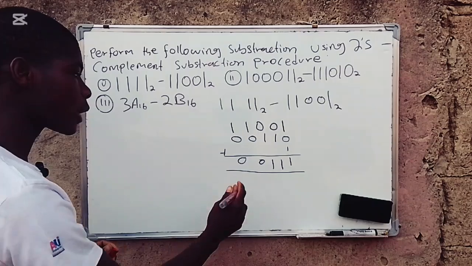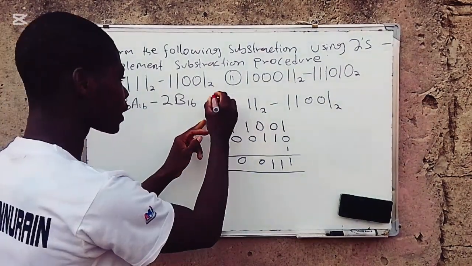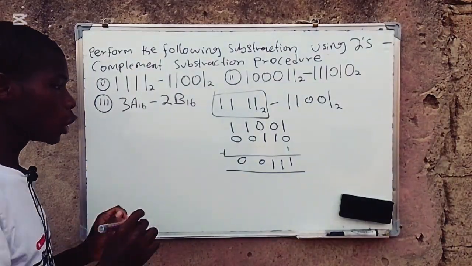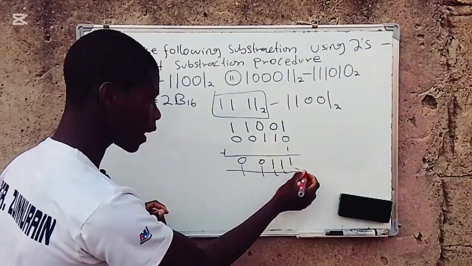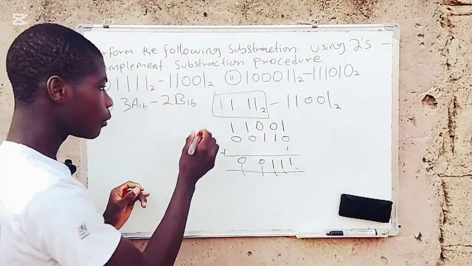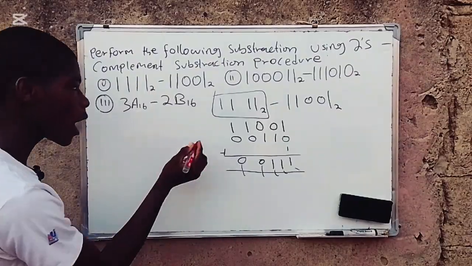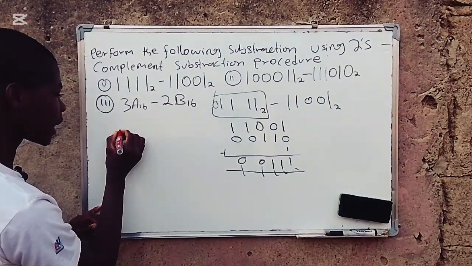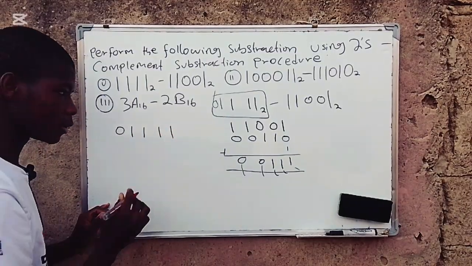As you get to this point, you have to notice how many bits we have. We have 5 bits in the other number, but here we have only 4. So we have to add a 0 in front, and it will become 0, 1, 1, 1, 1.